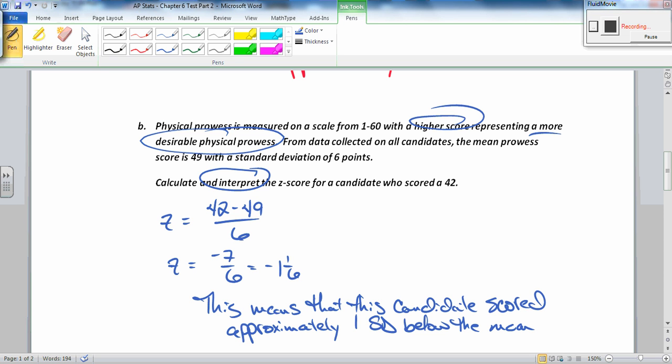If they scored 7 points below, which given a standard deviation of 6 points means that they scored a little more than 1 standard deviation below the mean, and that's it.